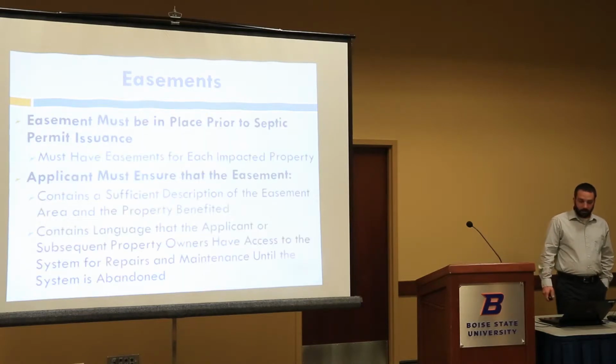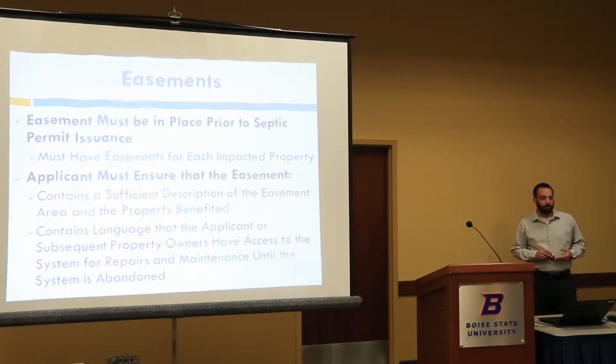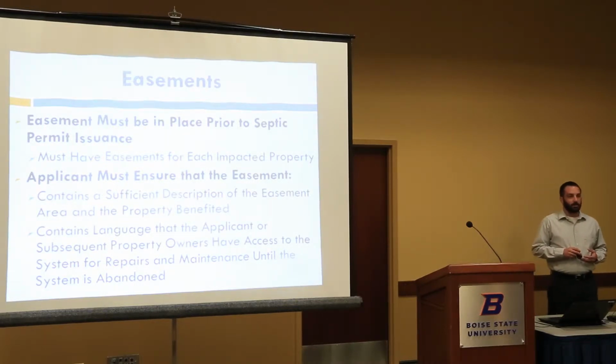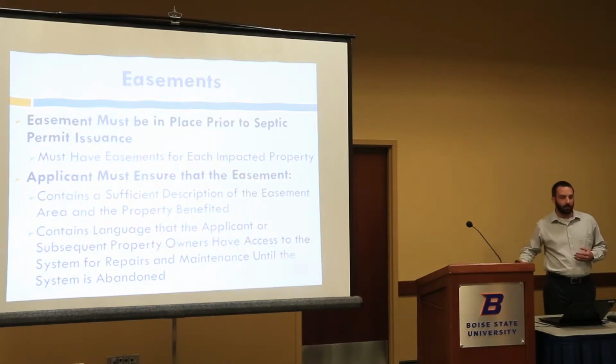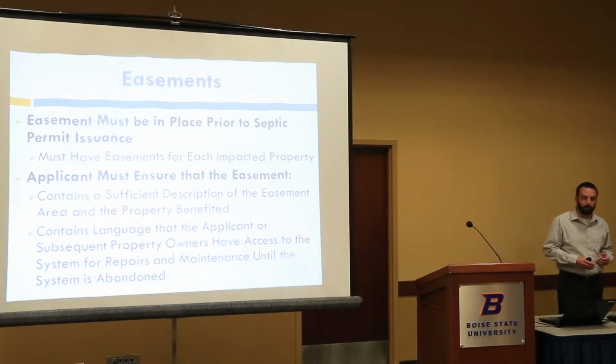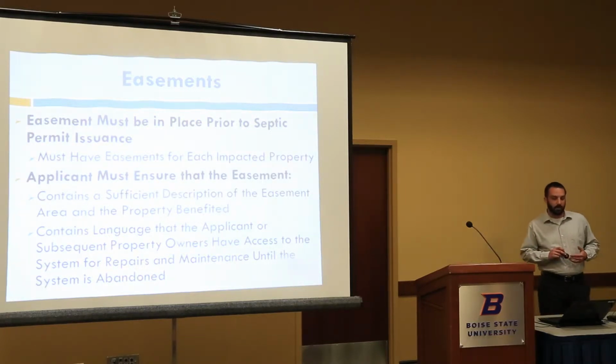Again, the easement has to be in place prior to permit issuance. And you do have to have an easement for each property that's impacted. So if you're putting your drain field two or three parcels away, you have to have an easement for every single parcel that the wastewater system is going to cross, whether it's just a transport pipe or the septic tank or whatever it may be. Every parcel that's impacted has to have an easement.